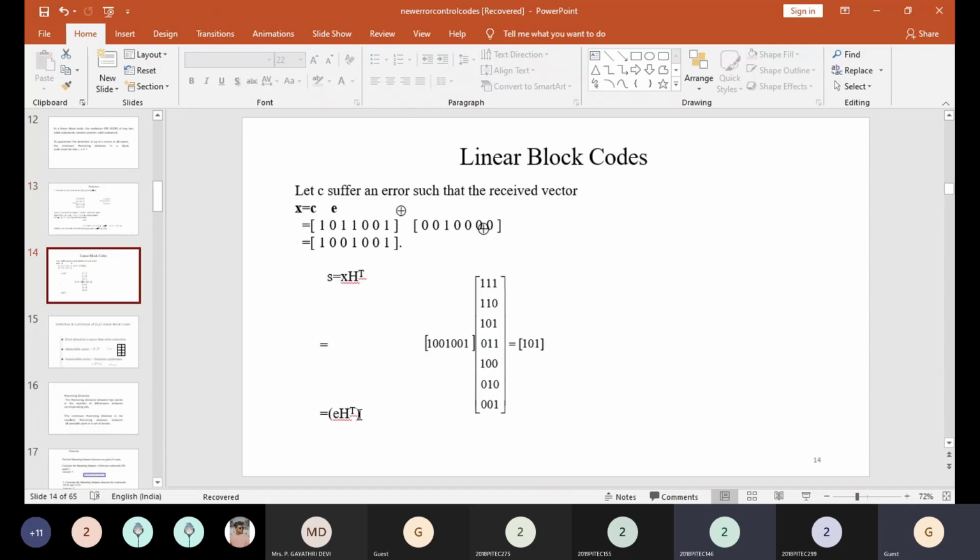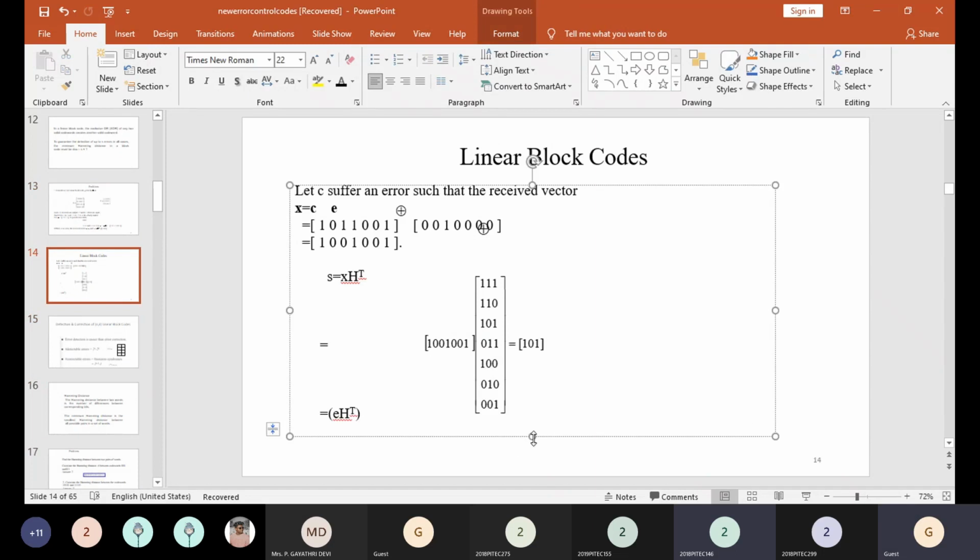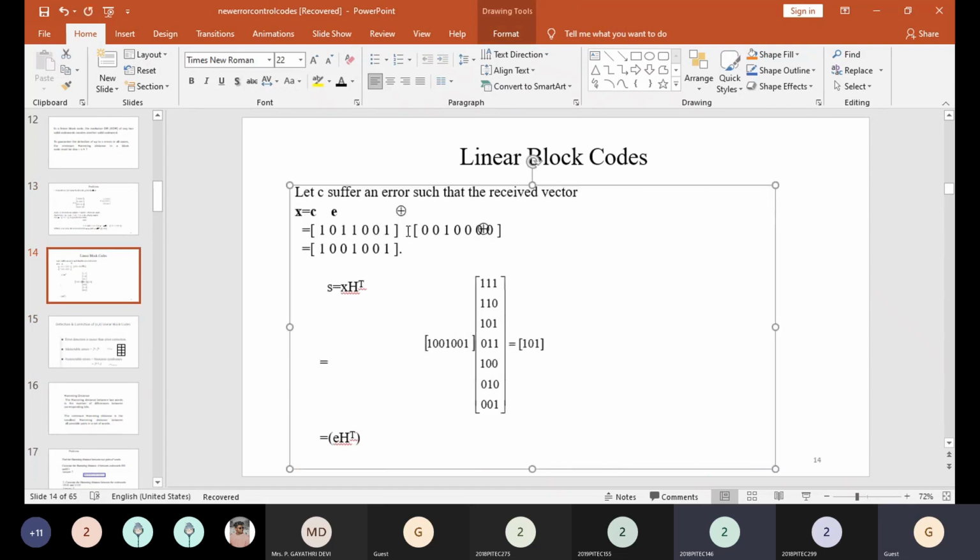If you look into the error pattern, this is an n comma k linear block code. This is a 7 comma 4 linear block code, in the sense that the output will be 7 bits.